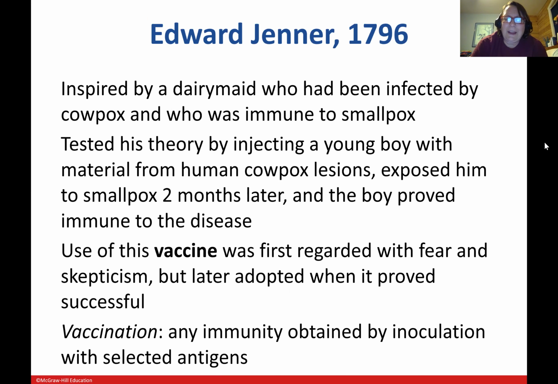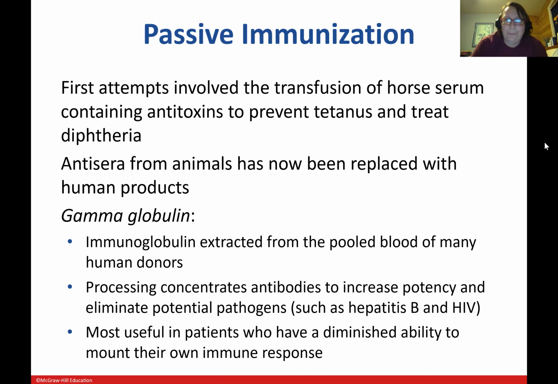So, vaccination is defined as any immunity obtained by inoculation with selected antigens. Okay, so the first attempts at passive immunization used horse serum with anti-tetanus antitoxins.